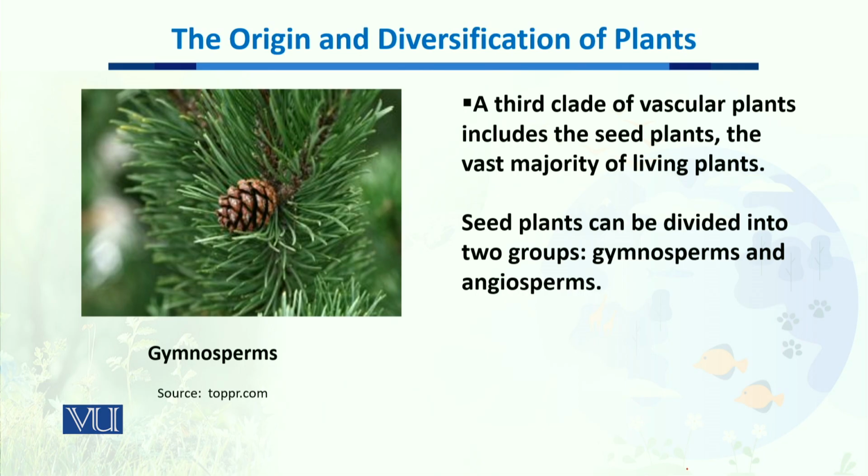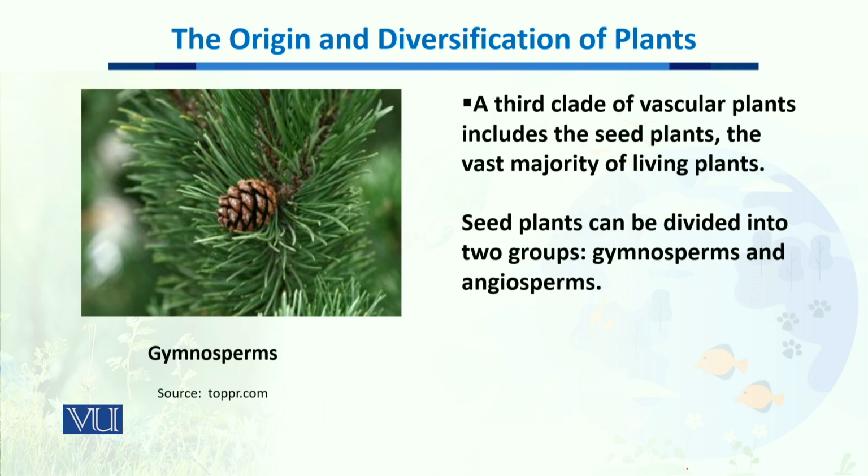These seed plants can be divided into two groups. One is known as gymnosperms and the other is angiosperms. This classification is based on the presence of their seeds. In gymnosperms, gymno means hidden and sperms means seeds.